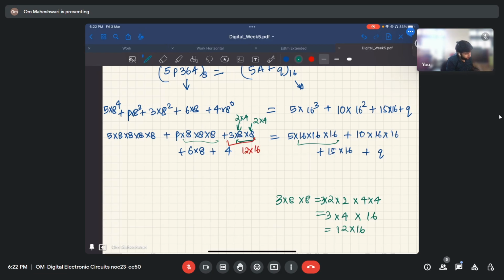Similarly, we have P into 8 into 8 into 8. We can rewrite it as 2 into 4, 2 into 4 and 2 into 4. So just a minute.